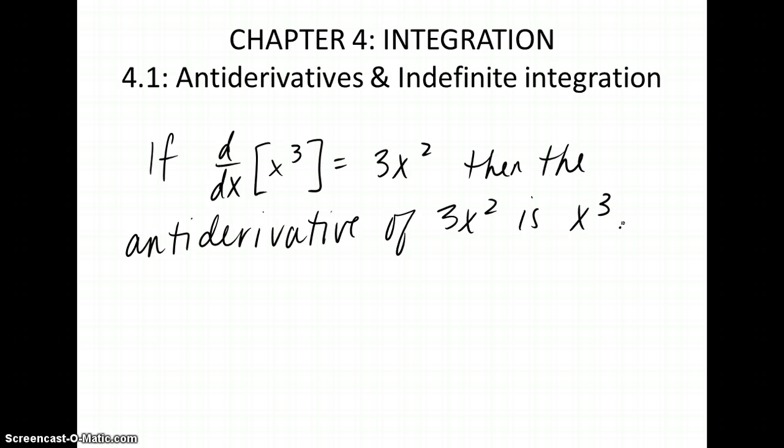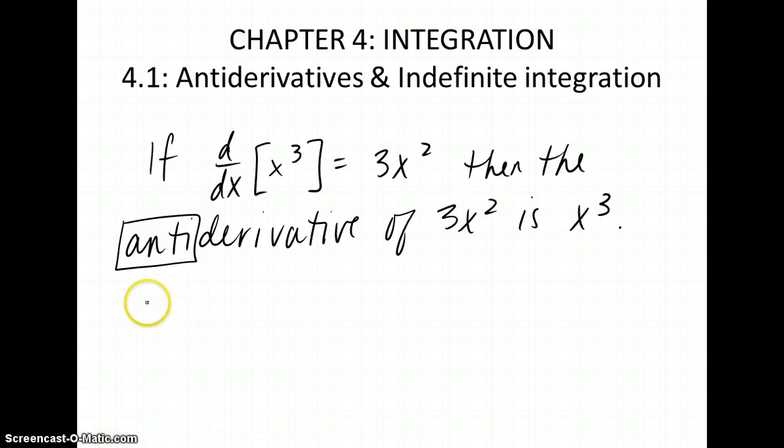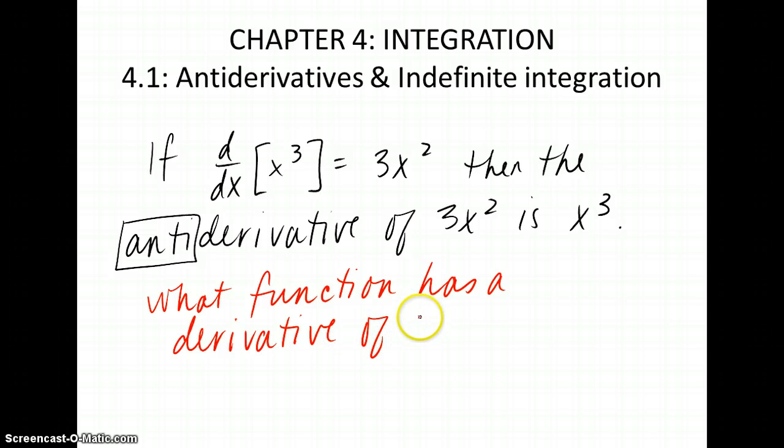Anti: opposite, inverse, against the derivative. Anything that you need to associate with this. So I'll be repeatedly asking you this question: what function has a derivative, in this case, of 3x squared?